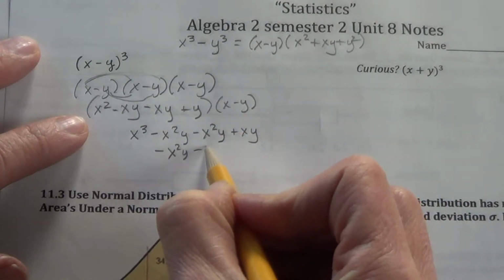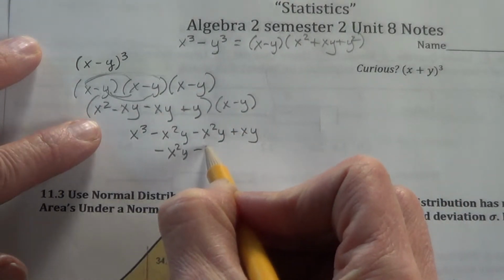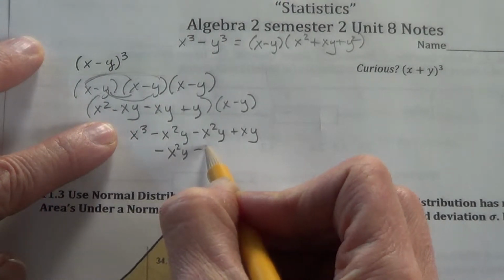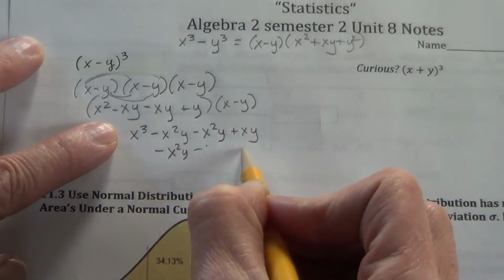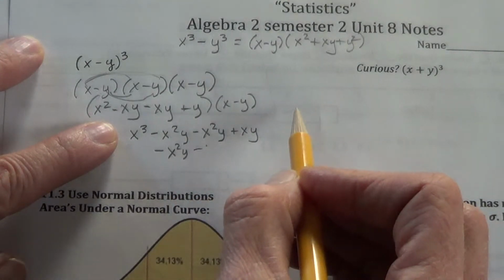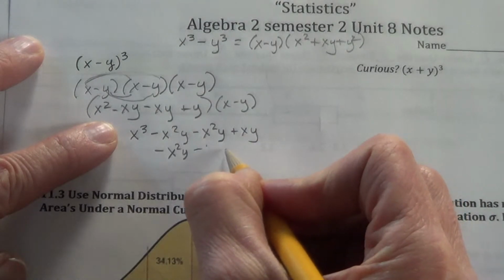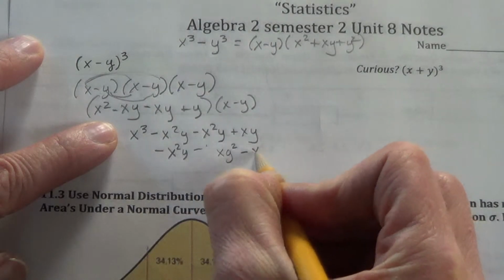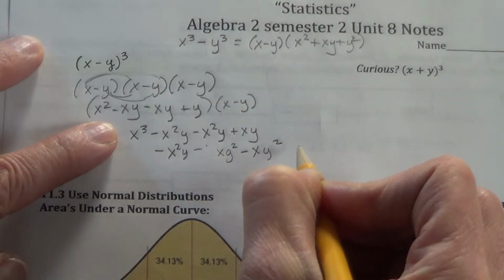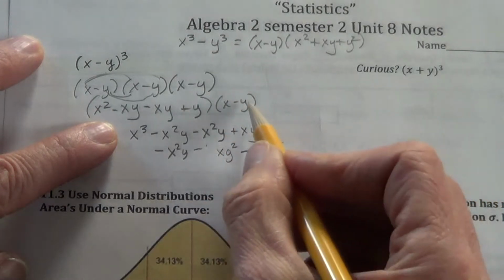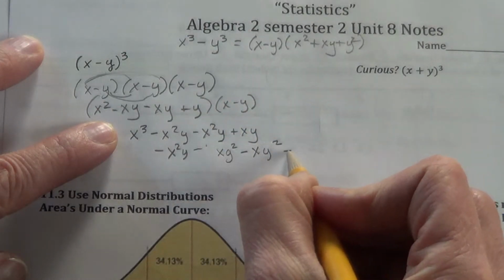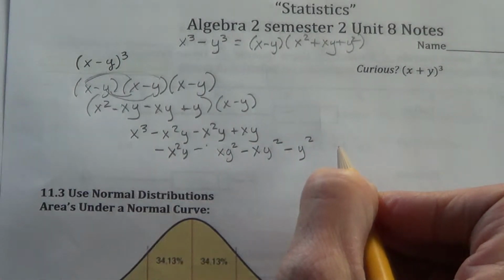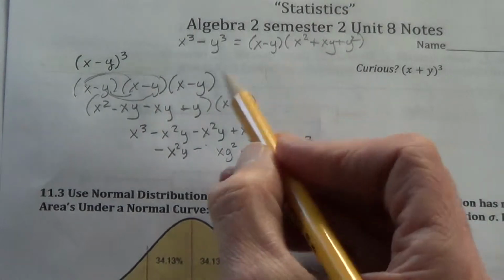negative xy squared, negative xy squared, and then we have a negative y squared. I've made some kind of a mistake here. Oh, I see.